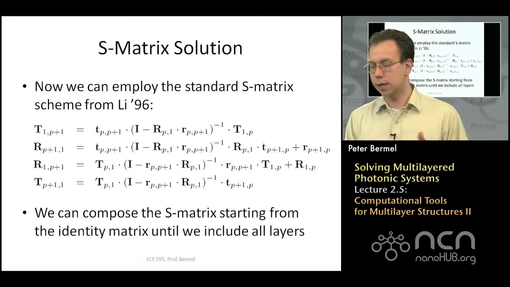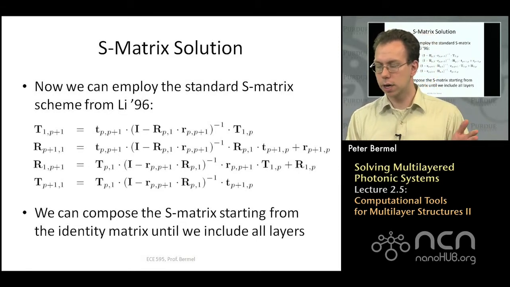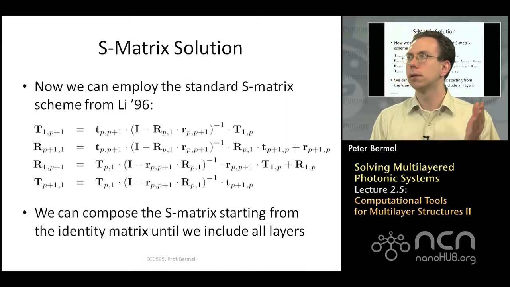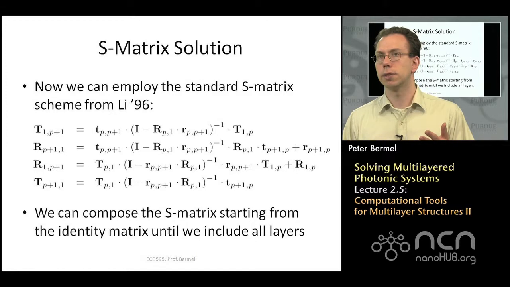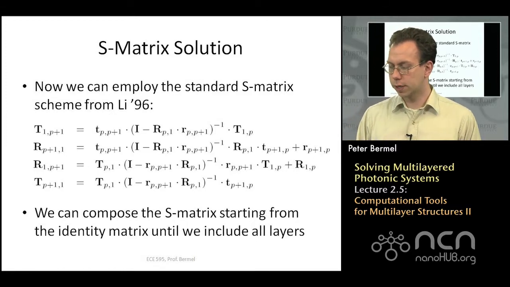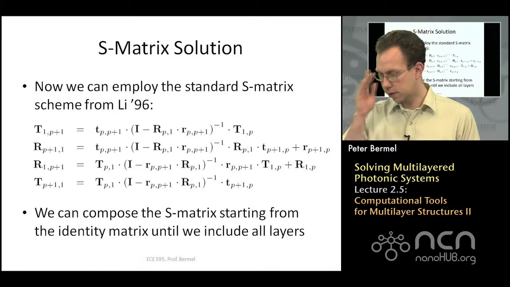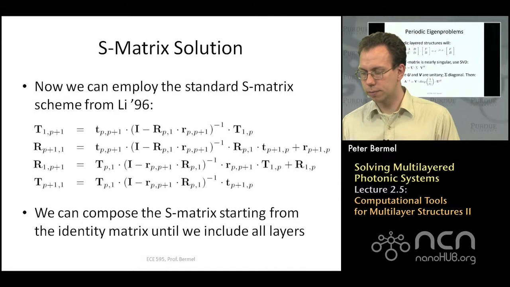It depends on the relationship between the P plus 1 and the P plus 1. We know in general that the sum of those squares should be equal to 1, so that's why you don't end up with an unphysical transmission or reflection. And then we just keep composing that, starting from the identity matrix as our first guess, until we've included all P plus 1 layers of the structure. So it's very similar to before in that sense.